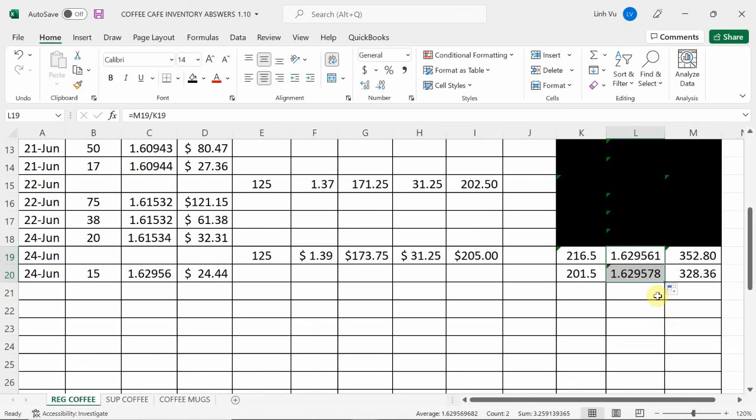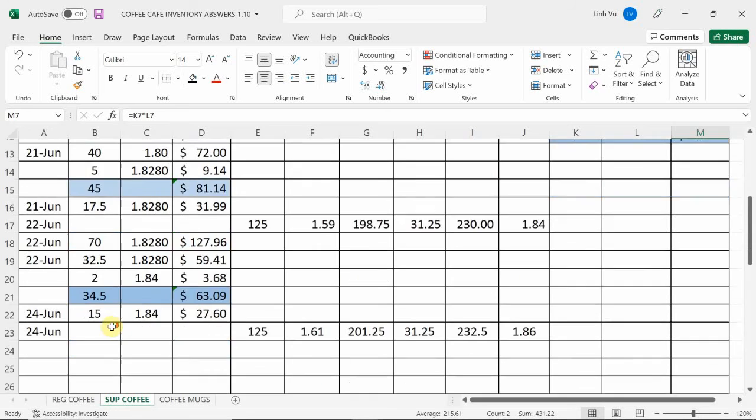Now that should give me my average cost to be roughly the same, except it actually increased by 10,000th of a penny.